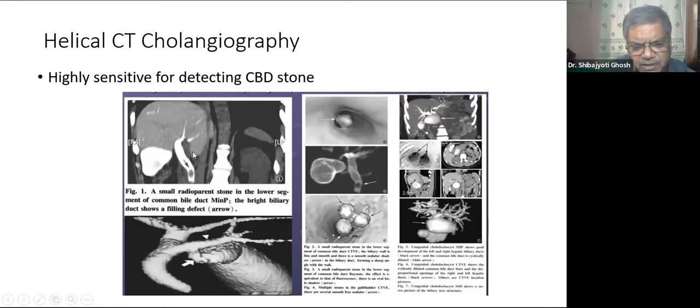So relations with the structures outside the common bile duct can also be very nicely assessed on CT cholangiogram. So this is another modality, and when we are using MD-CT for the evaluation of a patient with malignant bile duct obstruction, CT cholangiogram is another option that we can draw from the MD-CT.